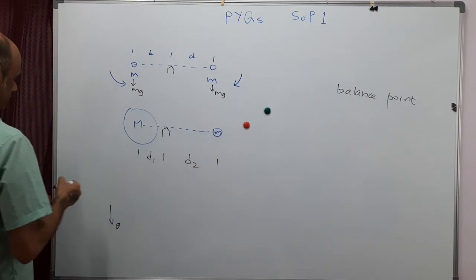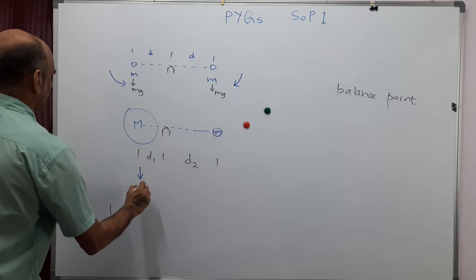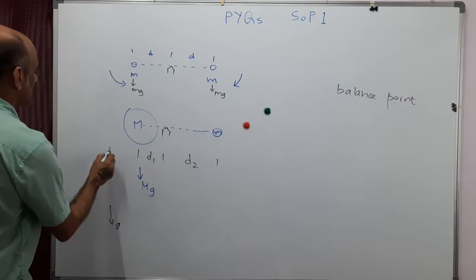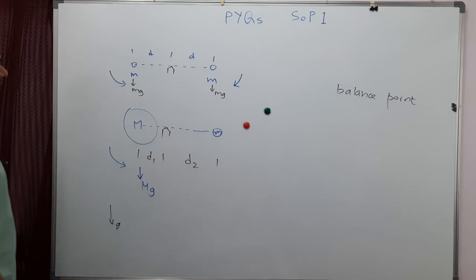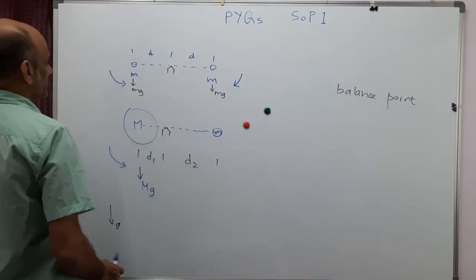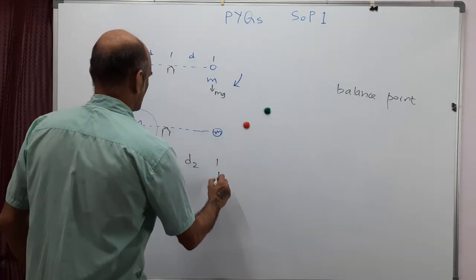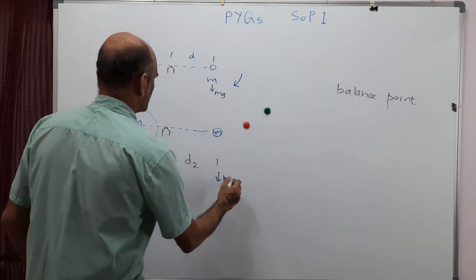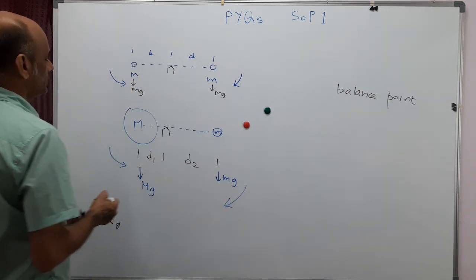So this force, which is the weight, will produce an anti-clockwise torque, which is mg into d1 about this balance point. Torque is force into the perpendicular distance. And this small mass, the corresponding weight, will produce a clockwise torque of value mg into d2.